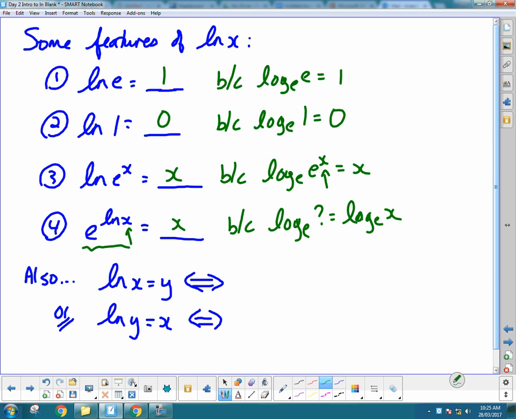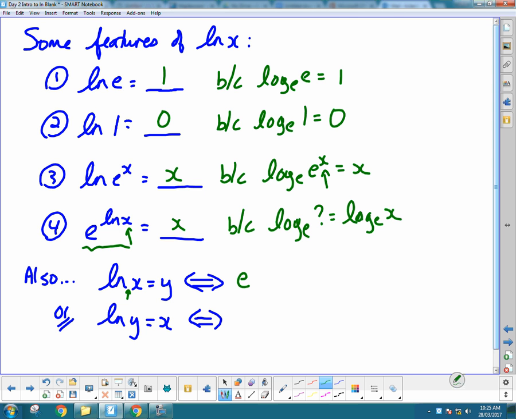One other thing that you have in your notes, also consider this. We have ln x equals y. You can put this in exponential, just like you could put all the other ones in exponential. It doesn't look like you have a base, but remember, since it's ln, you know the base is e.